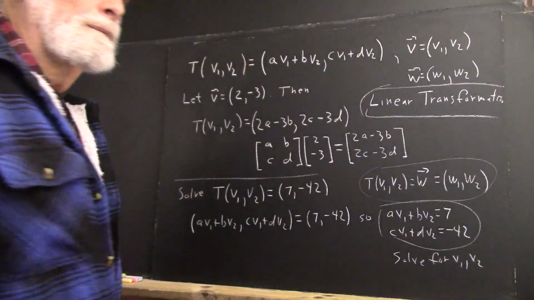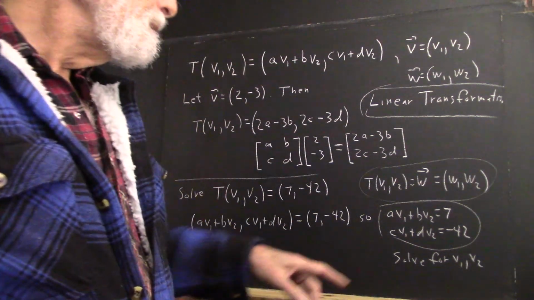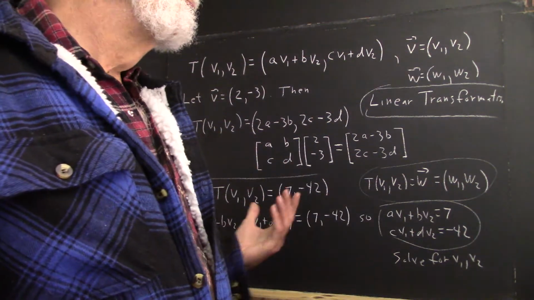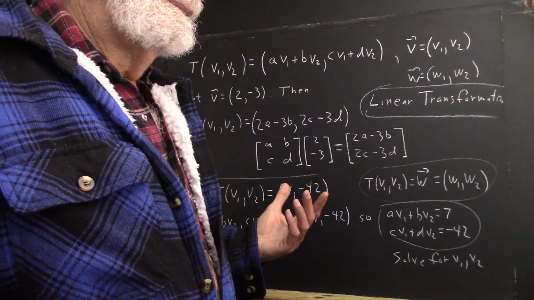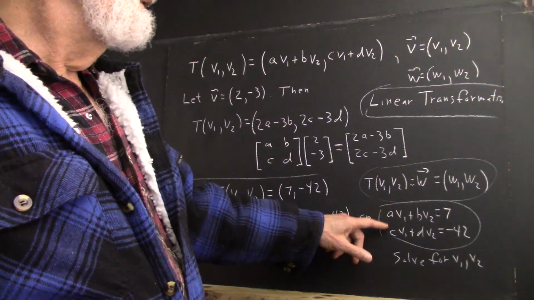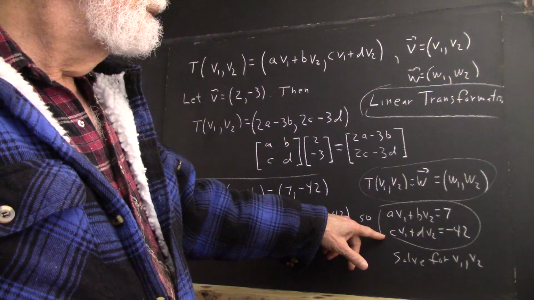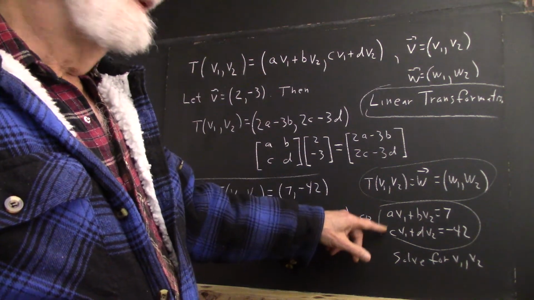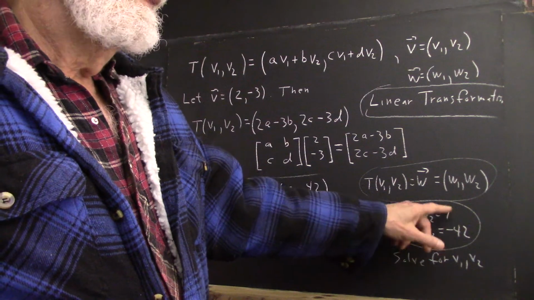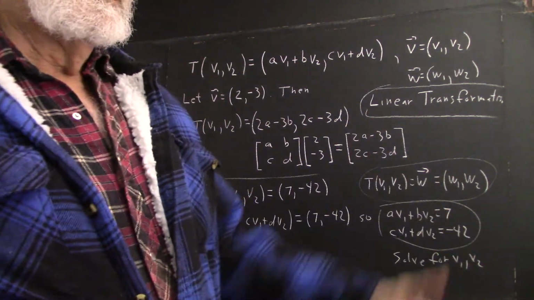Now our solution, depending on the values of a, b, c, and d, might be degenerate. In other words, this side and this side might be multiples of one another. And it's very possible that this side and this side are multiples of one another, but these two sides are not the same multiple of one another, in which case we get no solution.